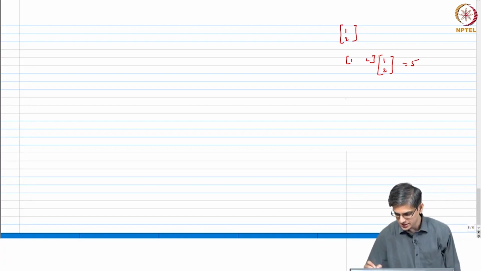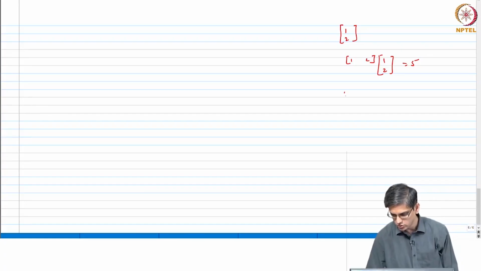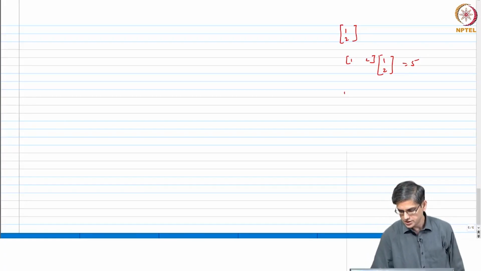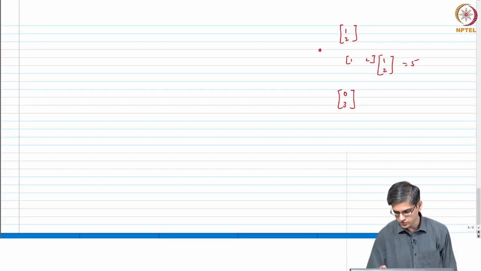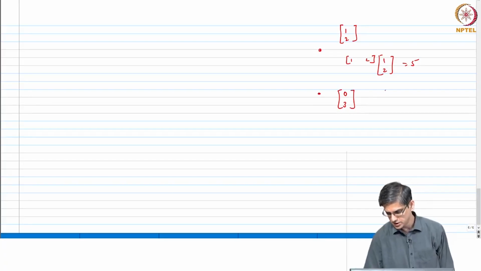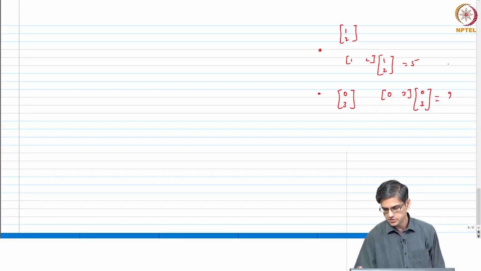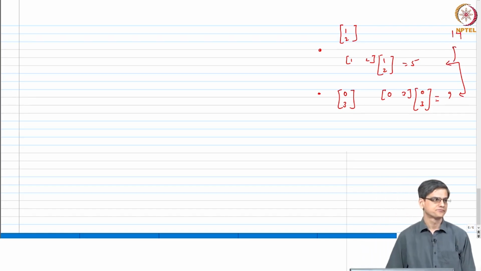Let us say you want to do inner product of 1 2 and add that to inner product of 0 3. Inner product of 0 3 is nothing but 0 3 transpose multiplied by 0 3, which is equal to 9. Sum of these two is nothing but 14.